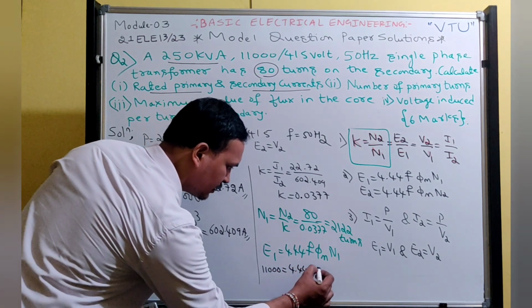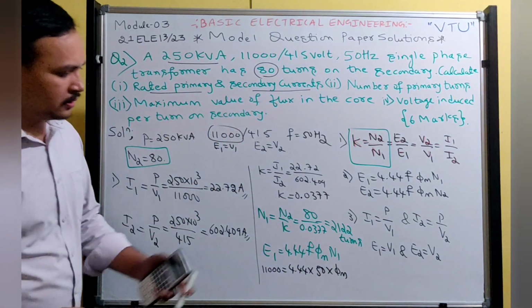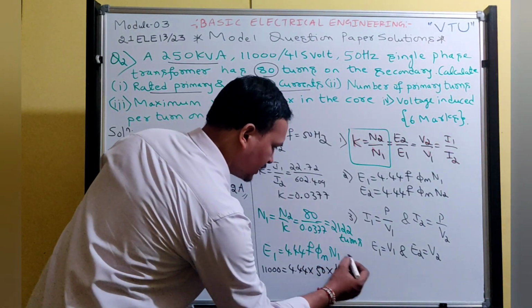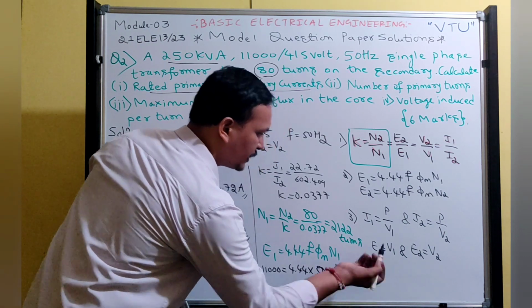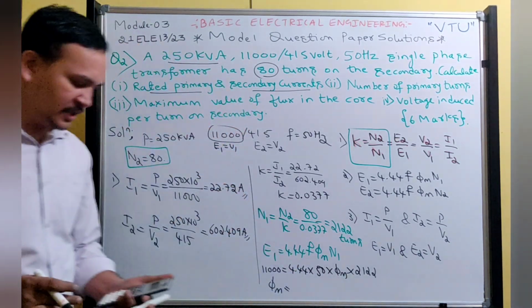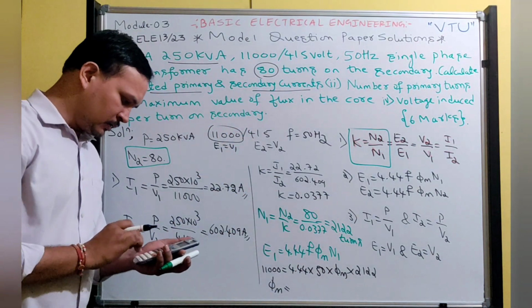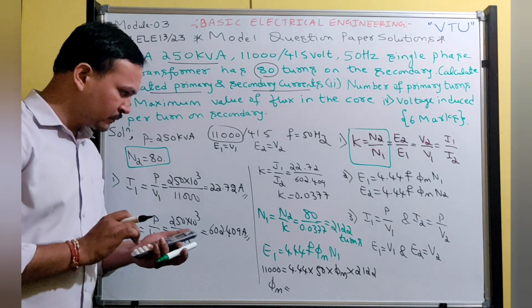What is the frequency? 50, given in the question. Phi m only I need to calculate, you write that as it is, into N1. N1 is how many turns? 2122 turns. So from this you can calculate the value of phi m. How much will you get? We can check that now. Do along with me.